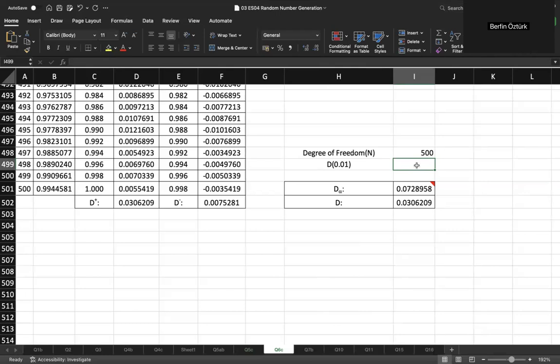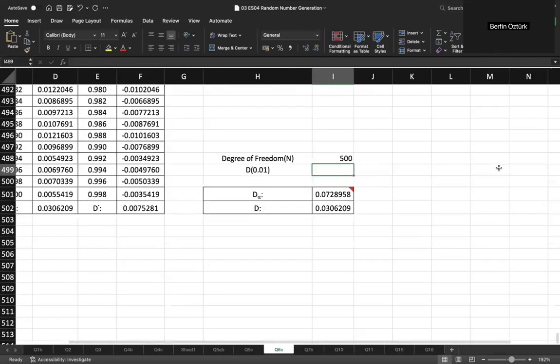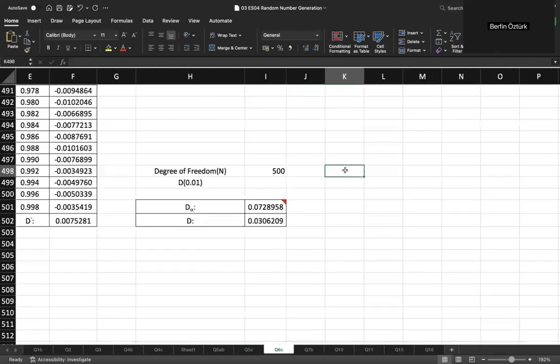If the significance level is 0.10, 0.05, or 0.01, we have different formulas.